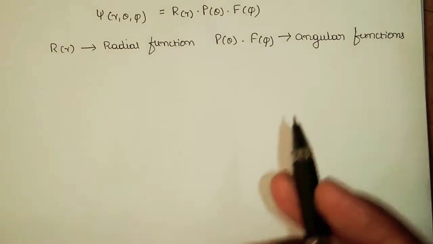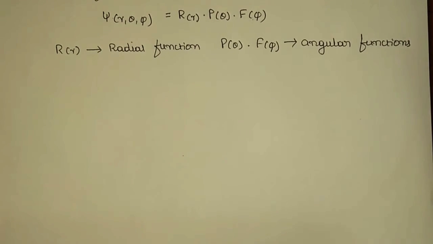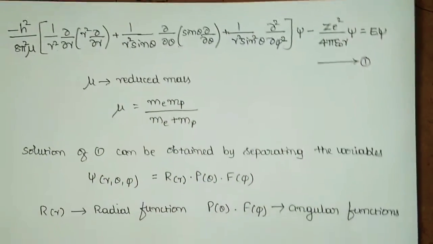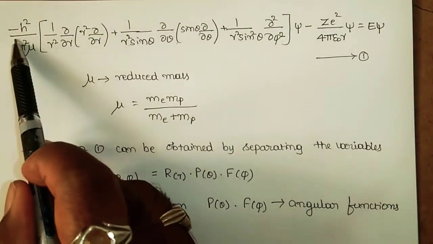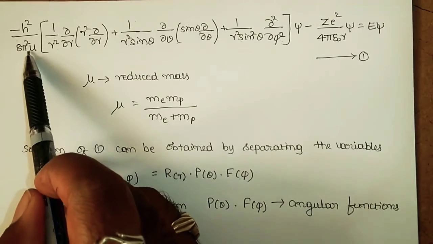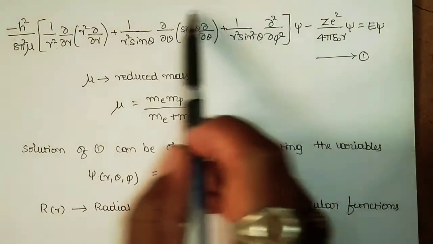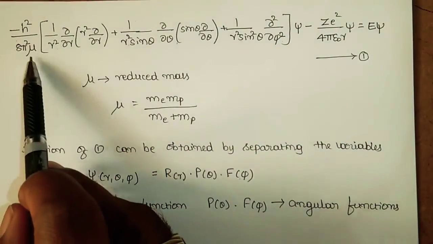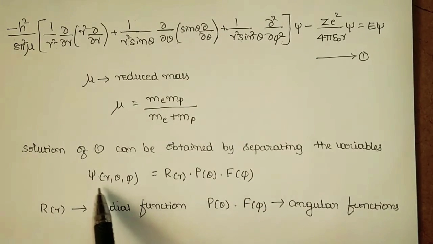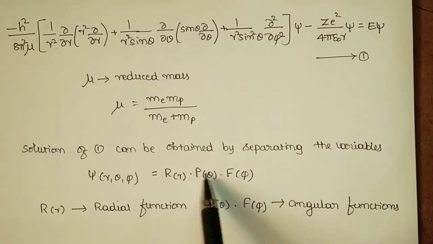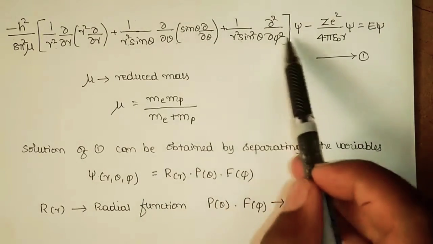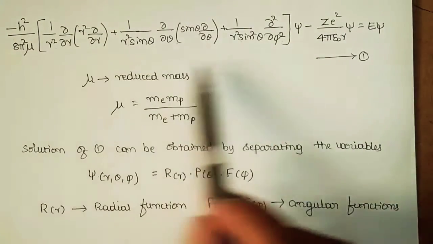In this equation you can observe, this minus h square by 8 pi square mu is supposed to be multiplied for the whole term. So we shall do the simultaneous multiplication as well. We shall introduce R, P and F at the place of xi, wherein xi is multiplying the whole term.